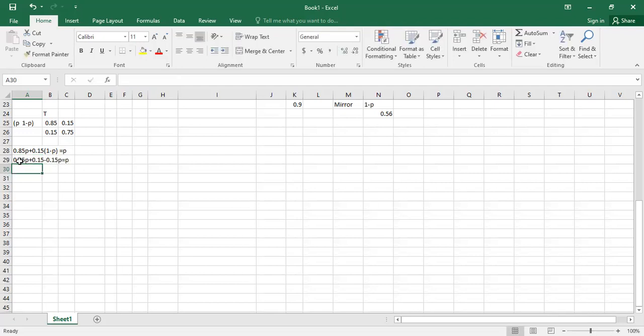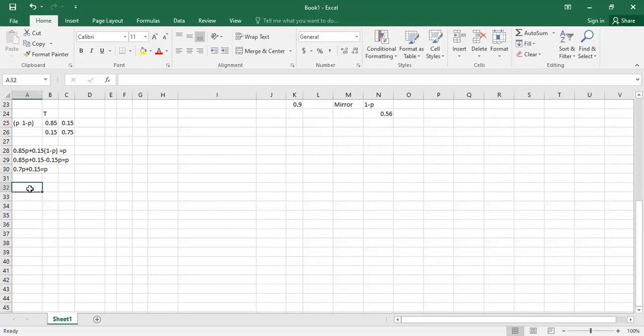So this is 0.15, this is 0.85, right? Yes. We are going to get 0.7. 0.7 P is equal to 0.7 P plus 0.15 equals P. So can we get our P at this point?